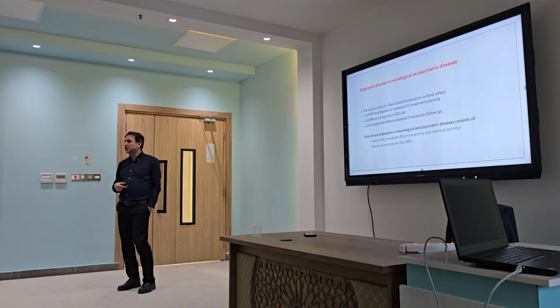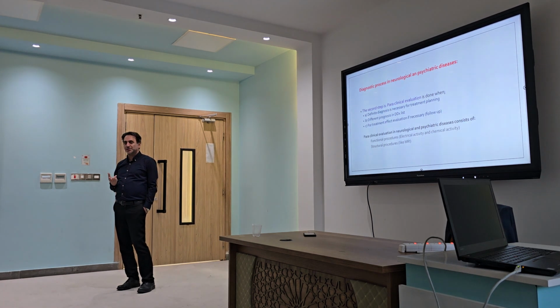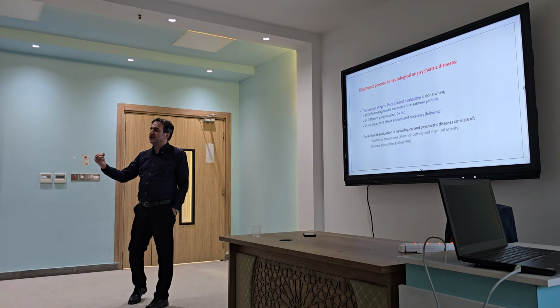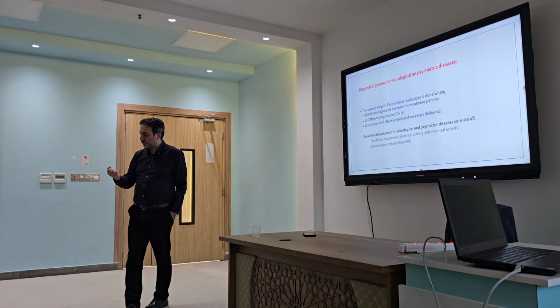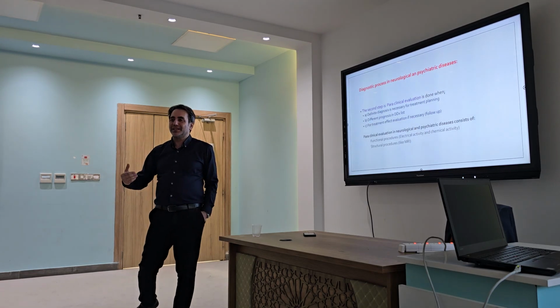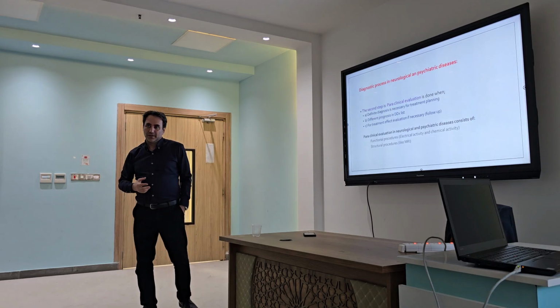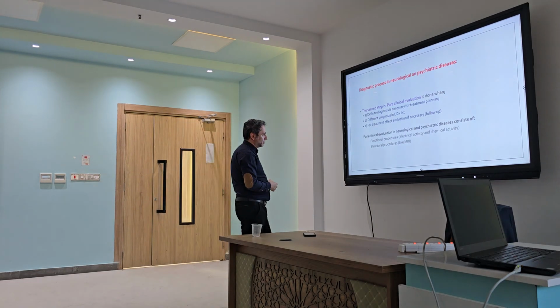What is neurophysiological function? Electrochemical activity. The concentration of neurotransmitters is representative of electrochemical function. Do you believe in that? The concentration of different neurotransmitters in different networks is representative of the electrochemical activity of the brain.